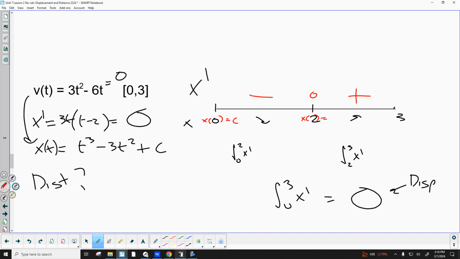I plug in 2. I plug in 3, I get c. You guys plug in 2, and then tell me how far I traveled and what happened. What are we waiting for? Please plug in 2 and please answer the question.